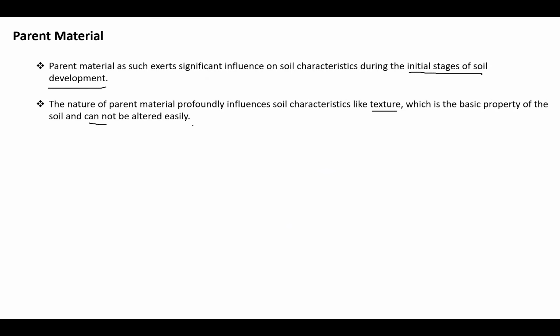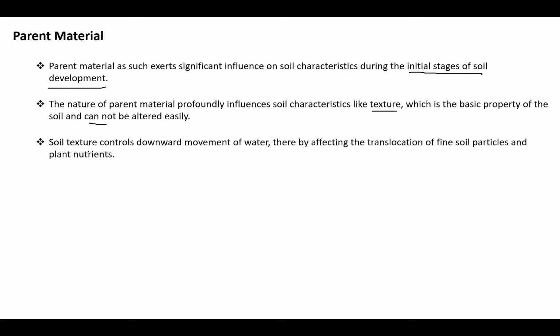So texture cannot be altered, but the parent material will influence the texture. And soil texture controls the downward movement of water, a very important property, and this will affect the translocation of fine soil particles and plant nutrients, right?